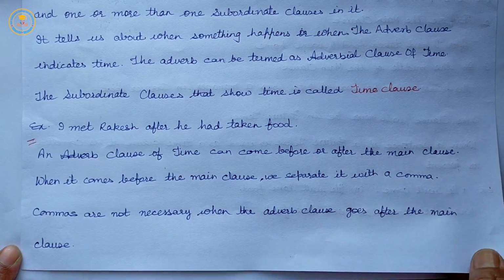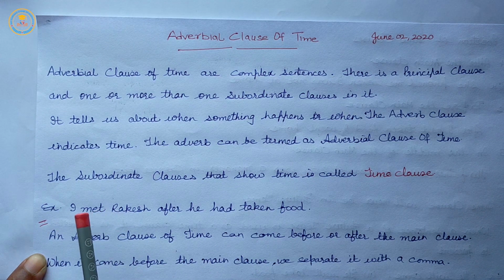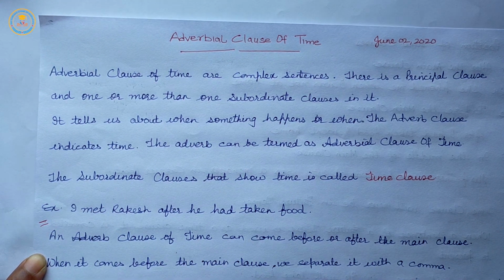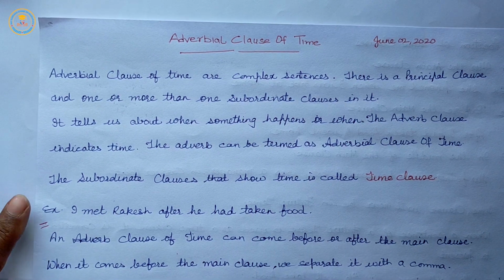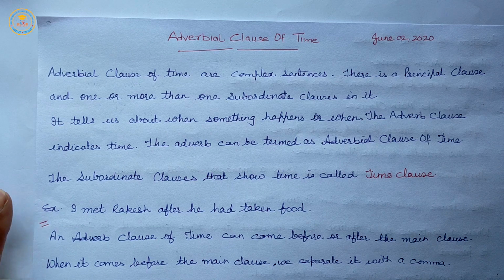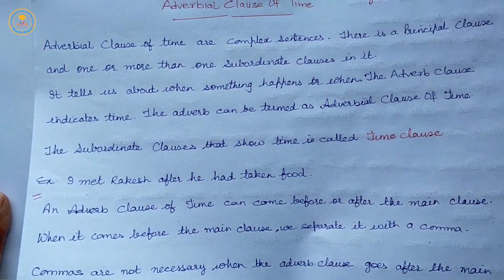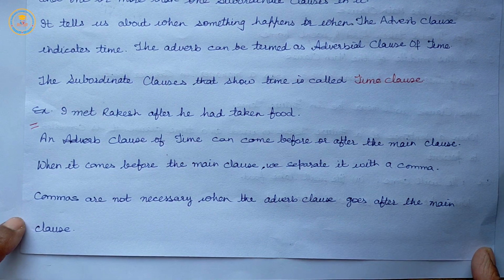So, adverbial clauses of time are complex sentences. There is a principal clause and one or more than one subordinate clause. It tells us about when something happens. The adverb clause indicates time and can be termed as adverbial clause of time. The subordinate clause that shows time is called a time clause. An adverb clause of time can come before or after the main clause.